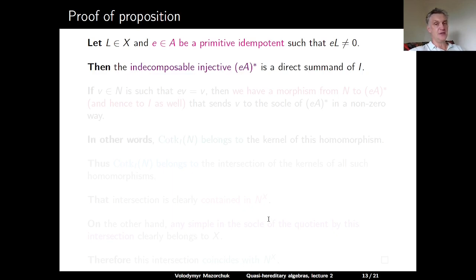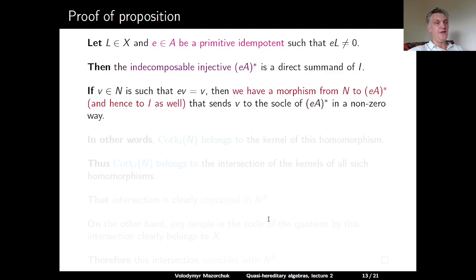Then the indecomposable injective module, which is the dual of the right projective eA, is a direct summand of I. If v is a non-zero element in N such that ev is equal to v, then we have a morphism from N to this injective (eA)*, and hence also to I, because I has (eA)* as a direct summand, that sends v to the socle of our injective (eA)* in a non-zero way. In other words, the cotrace kernel of N in I belongs to the kernel of this homomorphism.